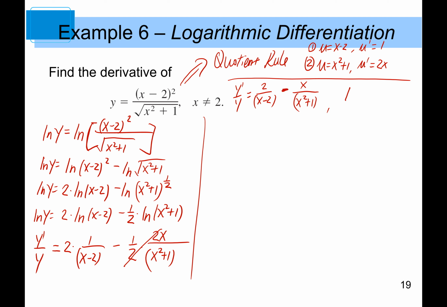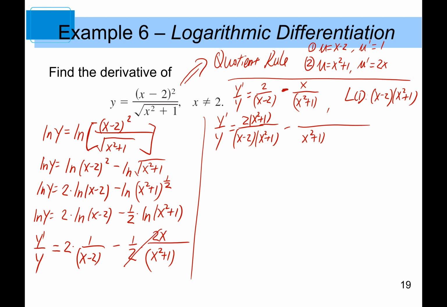Now the LCD on the right hand side is going to be (x minus 2)(x squared plus 1). So y prime over y: 2 over (x minus 2)(x squared plus 1), and for the second one, you multiply by x minus 2.